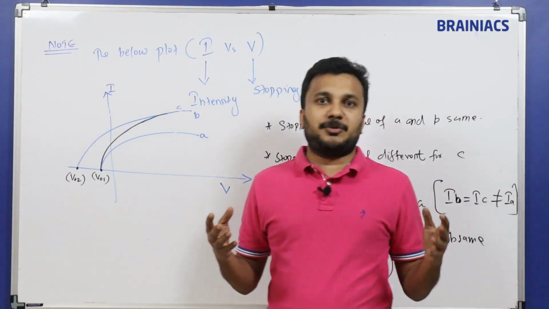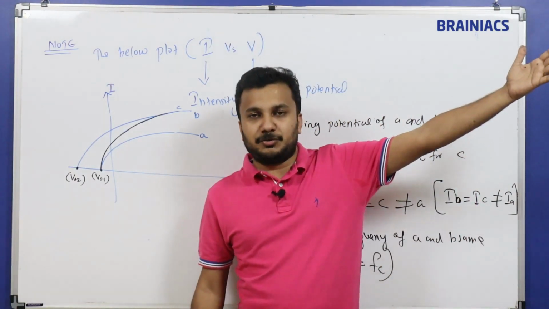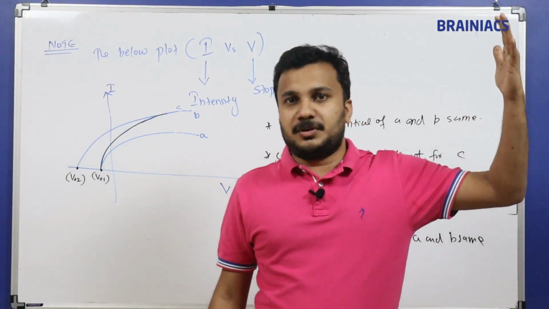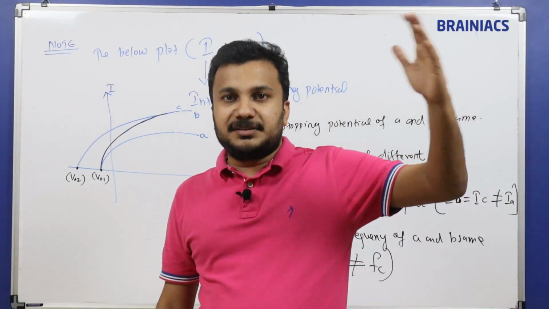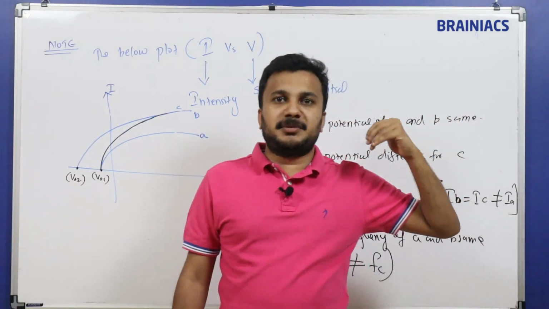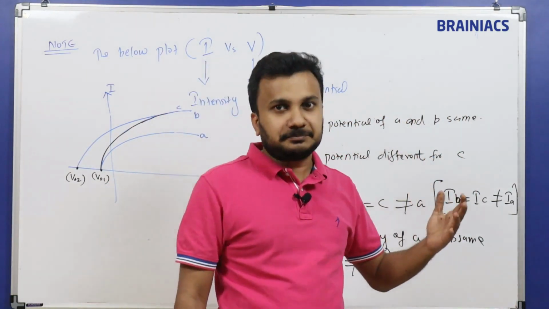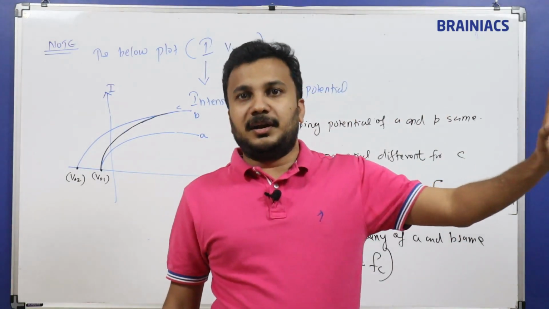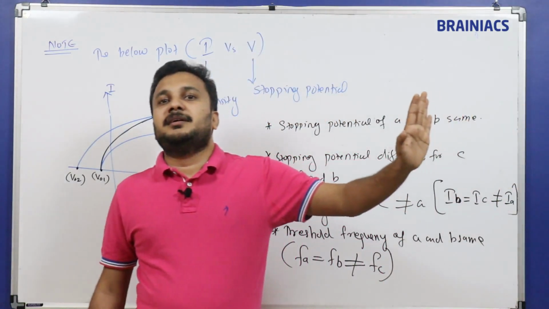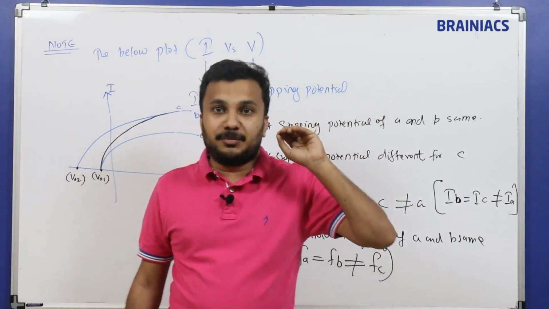Science was initially saying light is in the form of a particle according to ray optics, Newton's corpuscular theory of light. Then science came to Young's double slit experiment and Huygens' wave theory of light. These things are in wave optics, and they said light is not in the form of a ray, light is in the form of a wave.